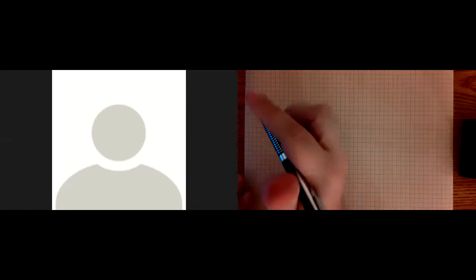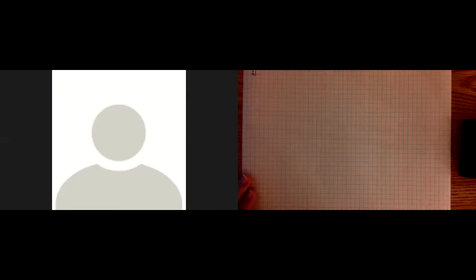So we had a homework assignment last night. That homework assignment was this one. It's got to do with scientific notation. So we had 21 through 24 and A through E. All right, 21.